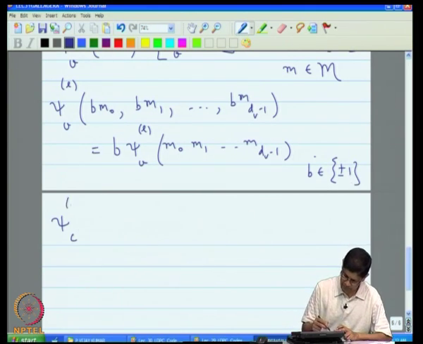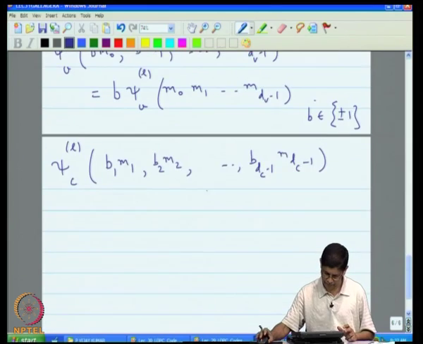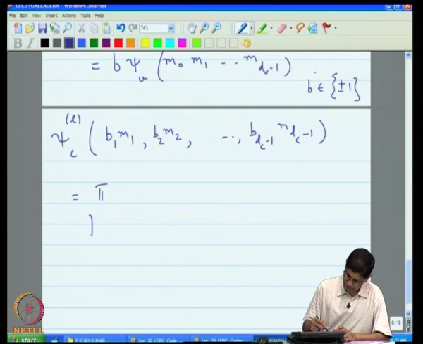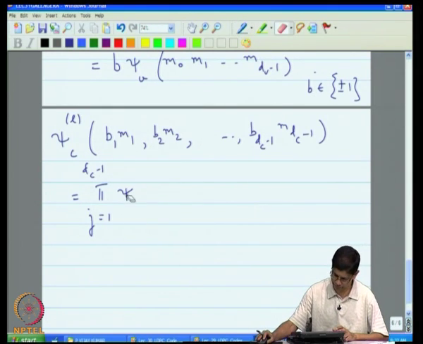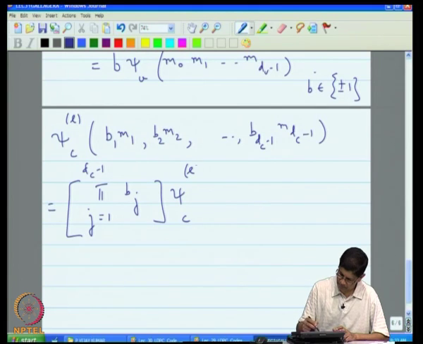At a check node, we will assume that psi c l of b 1 m 1, b 2 m 2, up to b d c minus 1, m d c minus 1 is equal to the product j is equal to 1 to d c minus 1 of the b sub j times psi sub c of l of m 1, m 2, up to m d c minus 1.